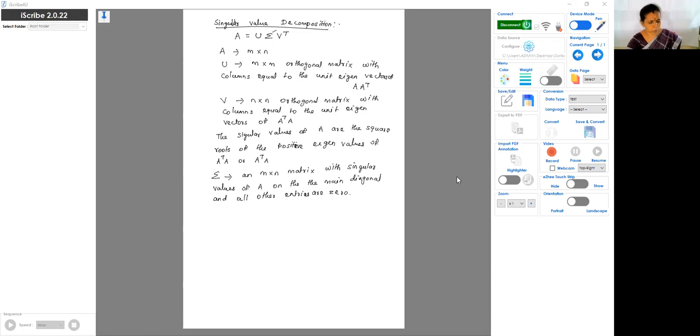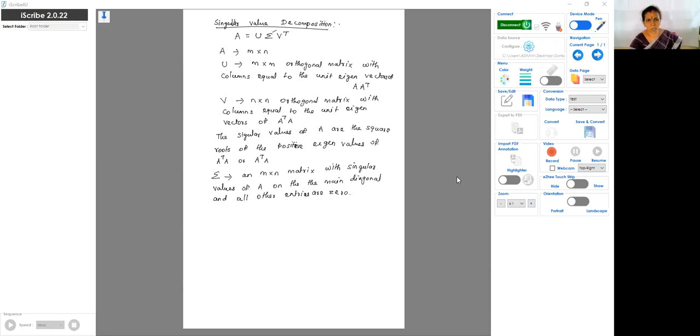So again, we should find three types of matrices: U, V, and sigma. U is a square matrix whose order is M. It is an orthogonal matrix whose columns are the unit eigenvectors of A A transpose. And V is also a square matrix whose order is N, an orthogonal matrix whose columns are the unit eigenvectors of A transpose A. And sigma is an M cross N matrix. We choose the singular values on the main diagonal, and the remaining entries are taken as 0.